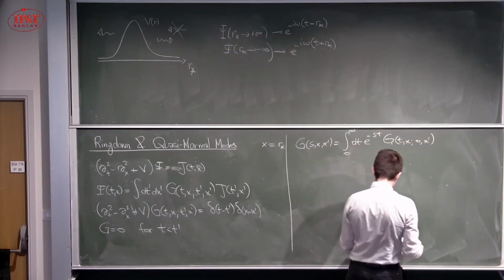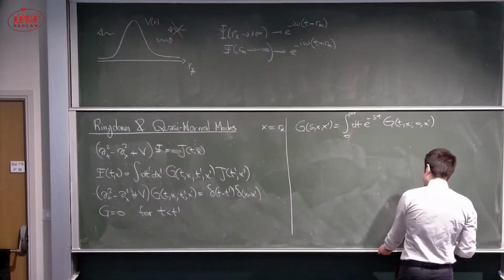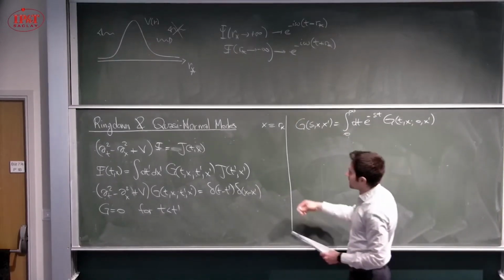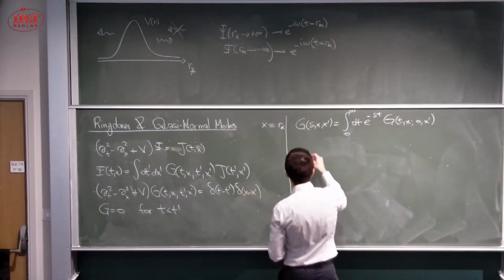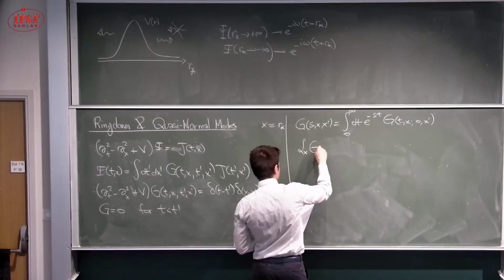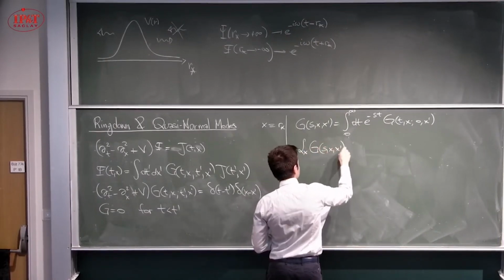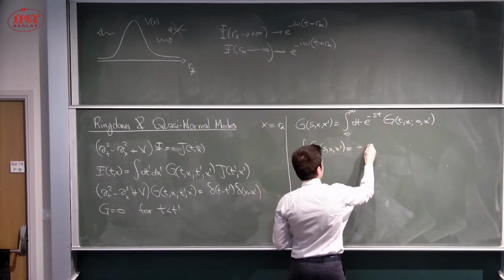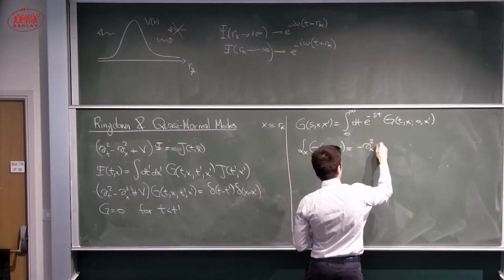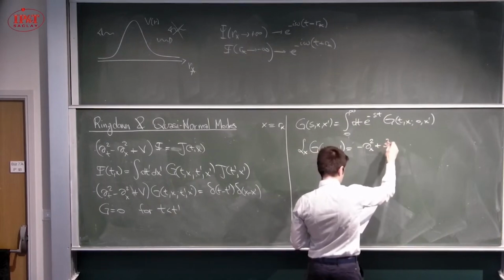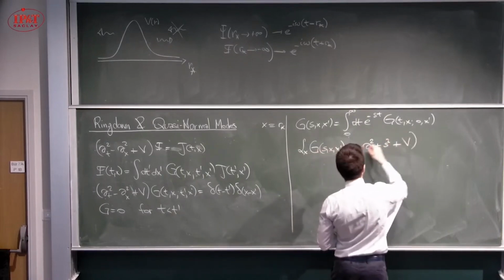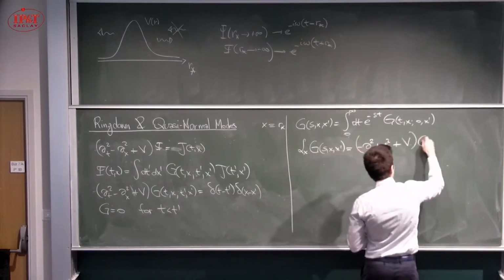Okay, and then introducing the Laplace transform, the equation for the Green's function is something like this. So there is some operator acting on the Green's function, which is essentially minus d²/dx² plus s² plus the potential V acting on the Green's function.